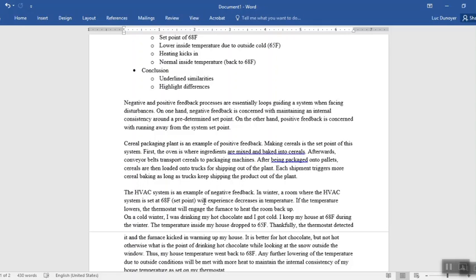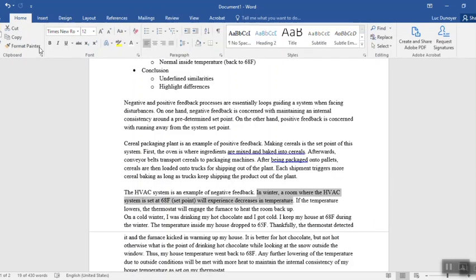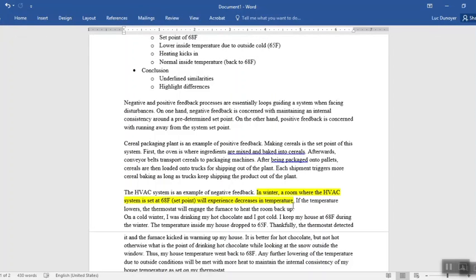The temperature is at 68 set point. I will experience decreases in temperature. I don't really like that sentence actually. I'm probably just going to go back to it later, so I'm going to highlight it and think about it later.